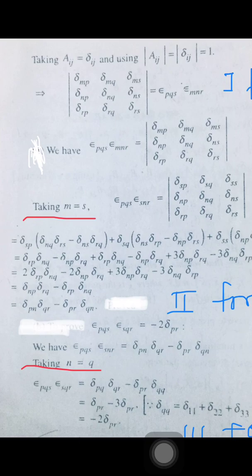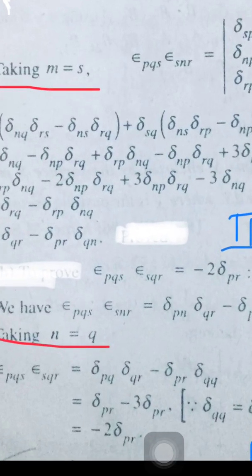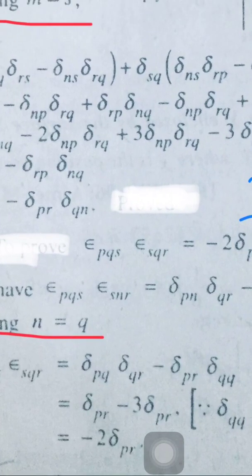One more thing I want to establish here: if we apply the third index also for contraction, then this becomes minus 2 delta P equals R. So we get minus 2 delta PP, and delta ii is 3. Therefore, delta PP is also 3.